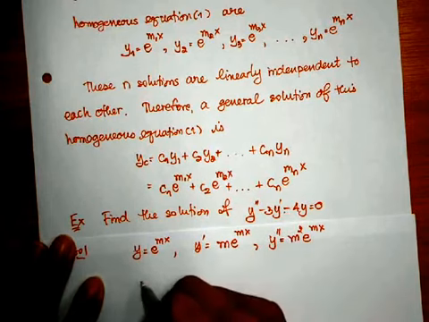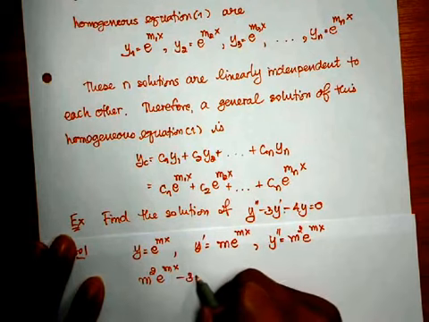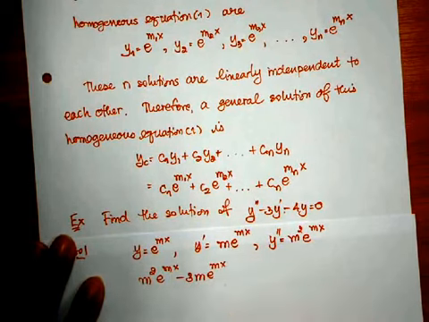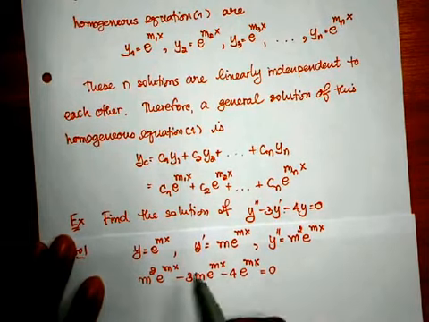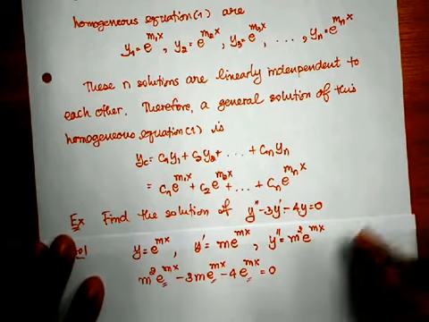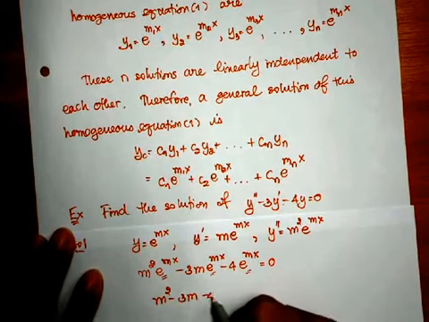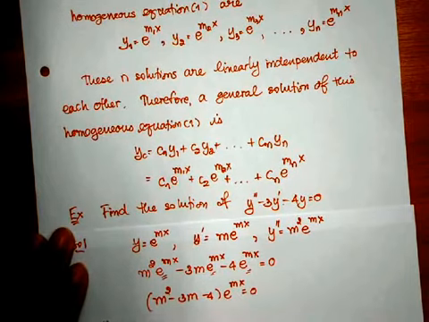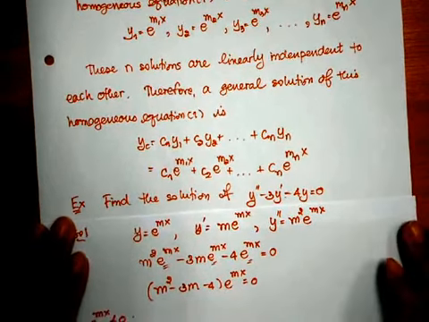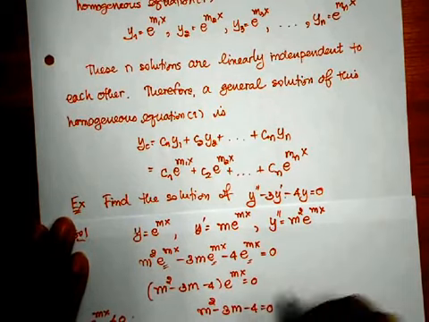So we get m squared exponential of mx minus 3m exponential of mx minus 4 exponential of mx equal to 0. We have the same term, exponential of mx, so we take it out. Exponential of mx cannot be 0. So from this we get the characteristic equation: m squared minus 3m minus 4 equals 0.